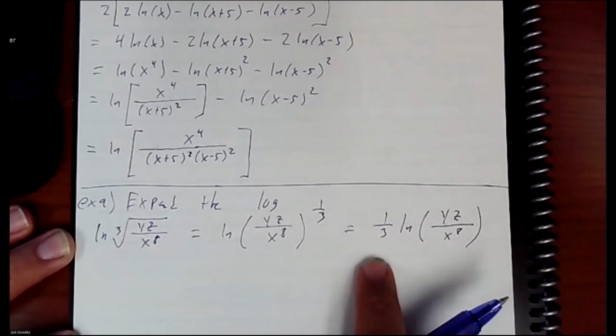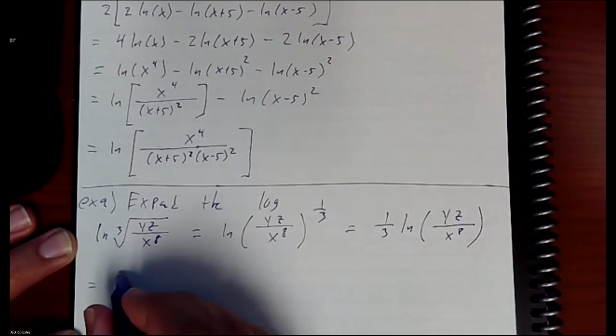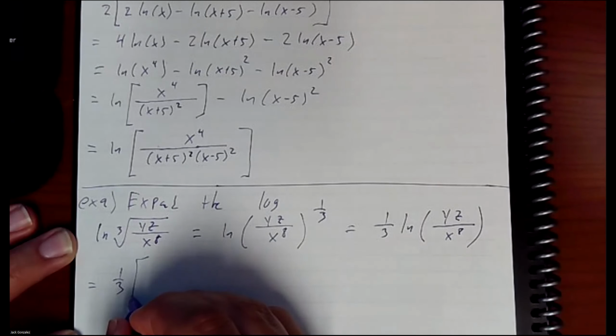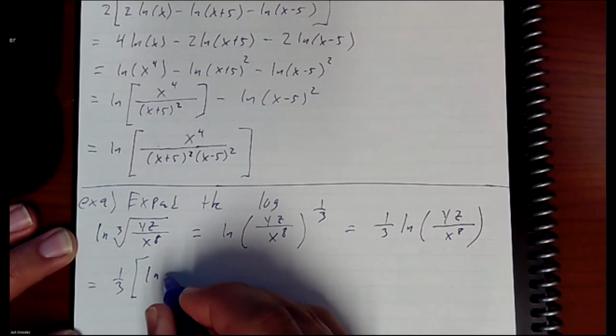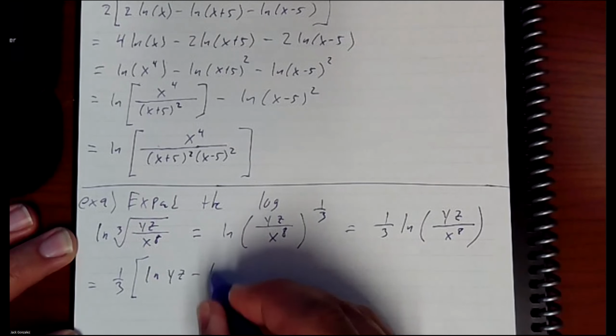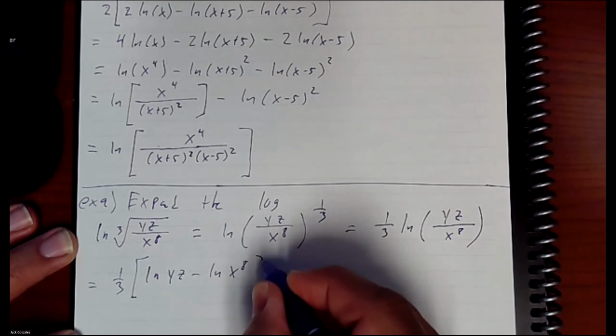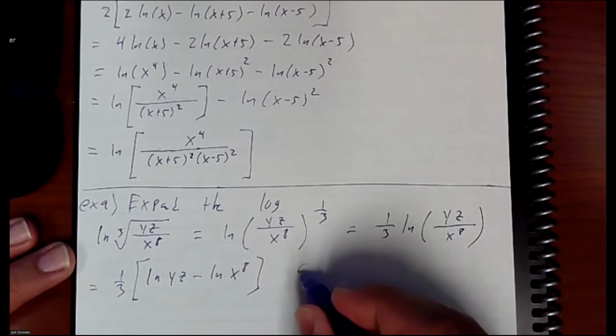So that's the power rule. So now we're going to apply the quotient. So whatever's on top minus whatever's on the bottom. That's quotient.